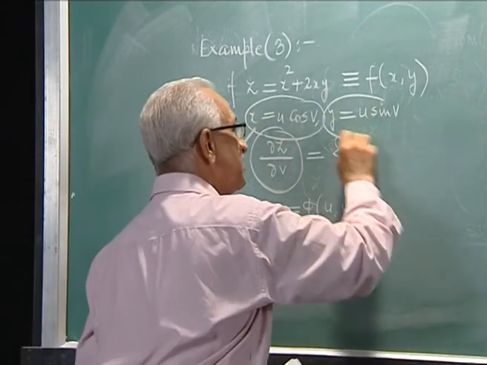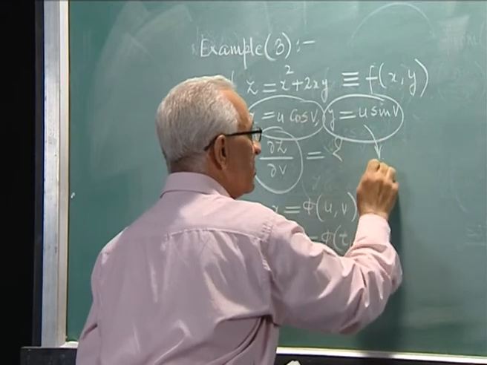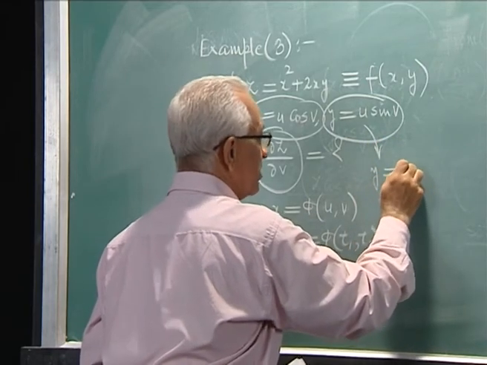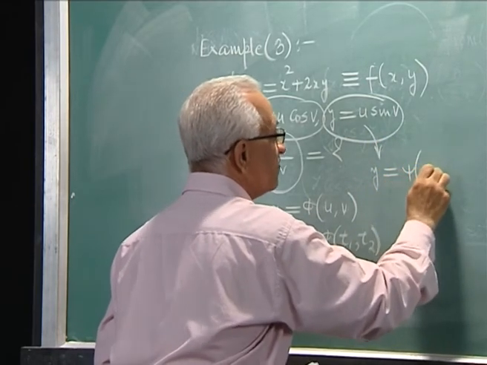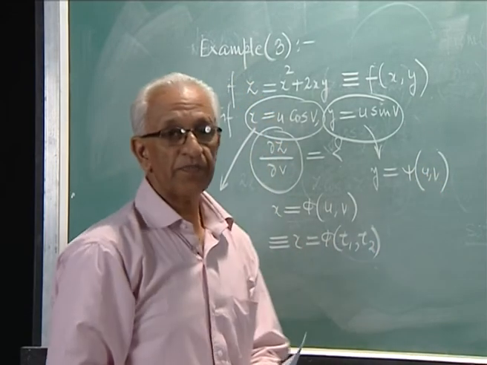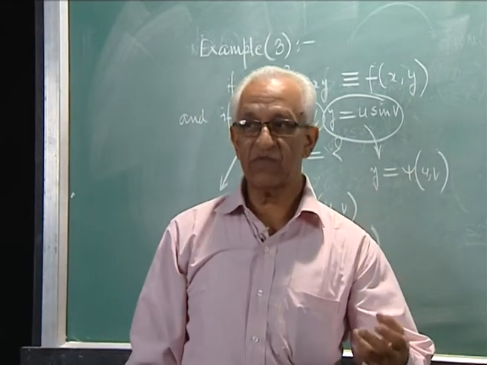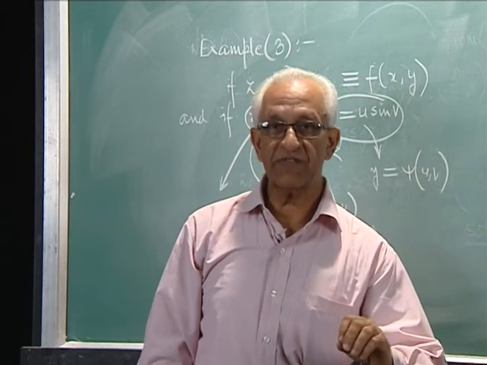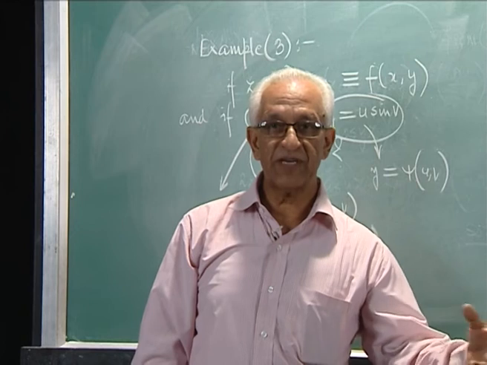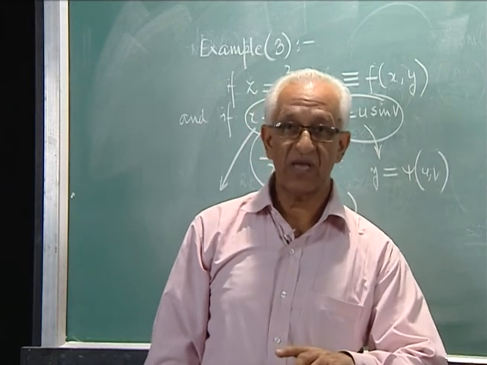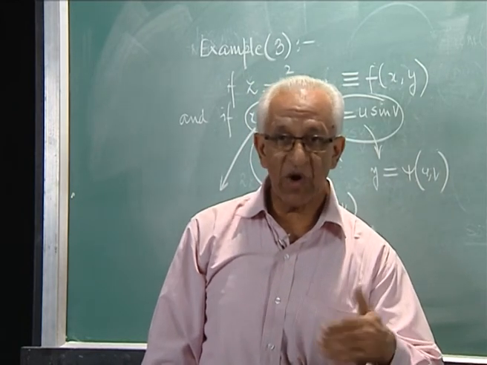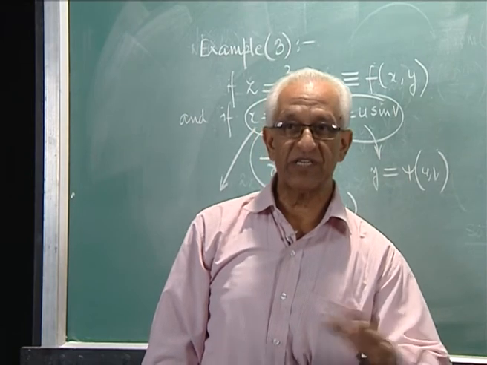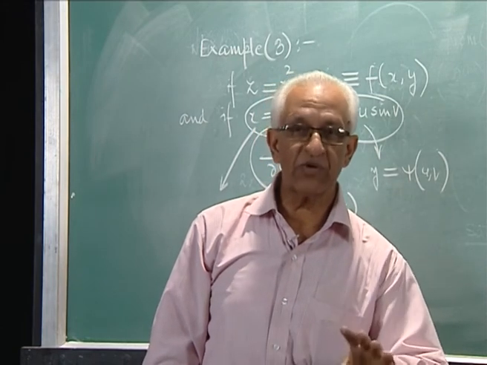Similarly, y also is some function psi of u and v. As I have told you, if u is a function of x and y, and x and y both are functions of more than one variable, kind of t1 t2, then naturally the chain rule has to be applied.